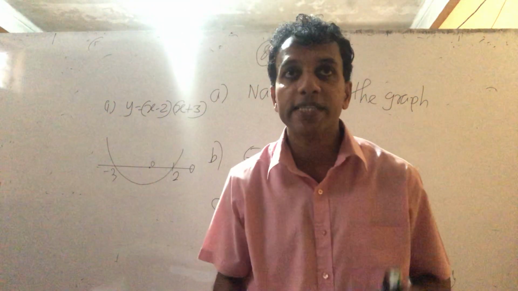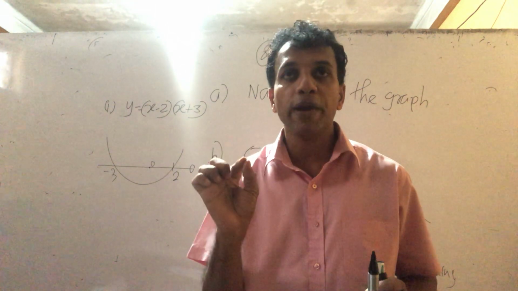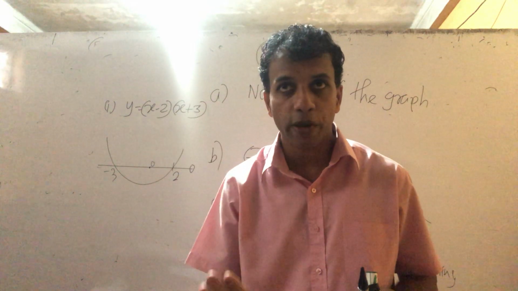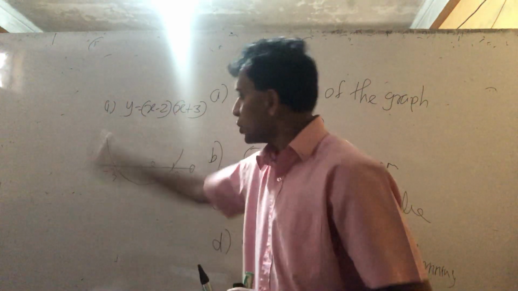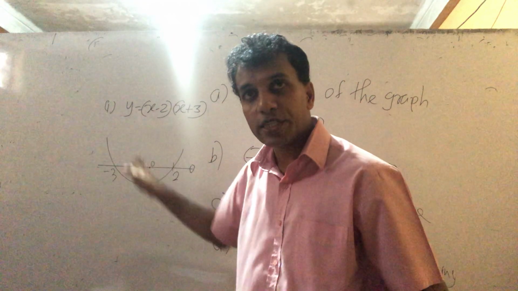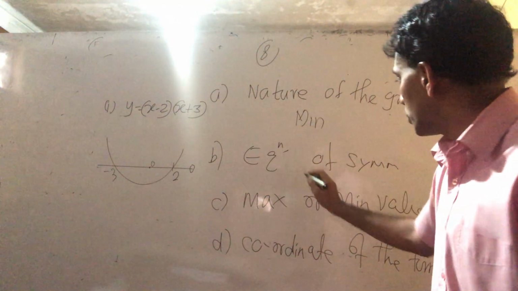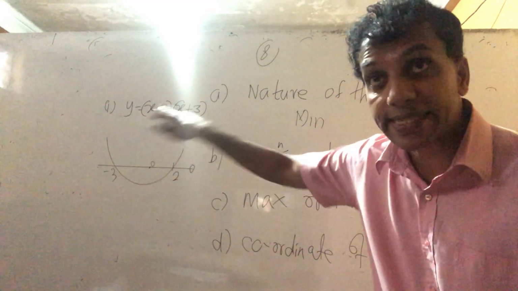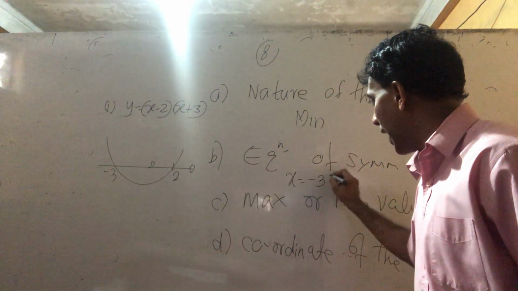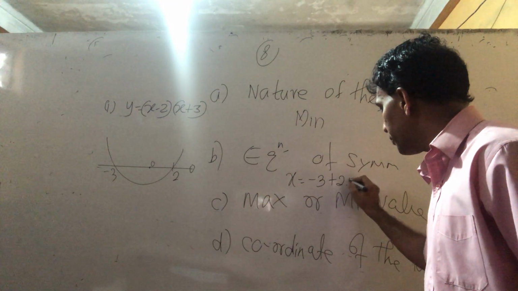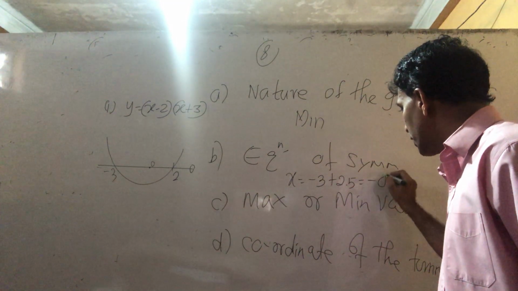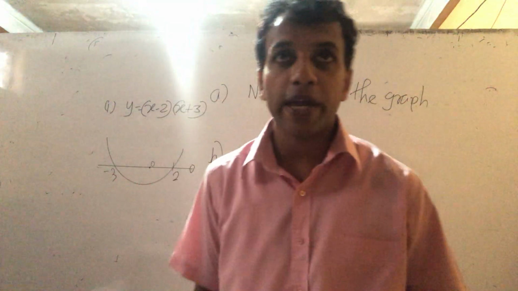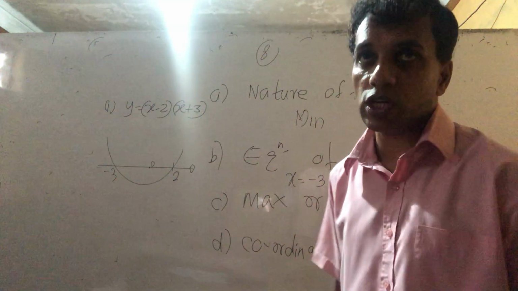So right half is the symmetry, no? So 5 divided by 2 is 2.5. So here decreasing 2.5 or here increasing 2.5. So the symmetry equation: x equals, if I take from that side, minus 3 adding 2.5, that is minus 0.5, or minus half. Symmetry equation x equals minus half, right?